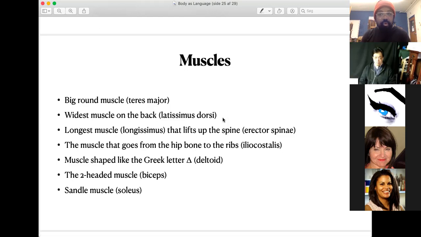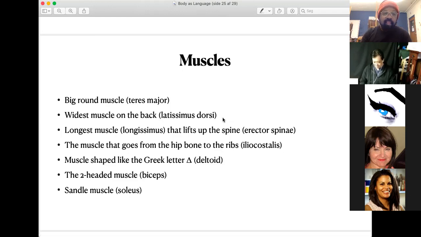Hyoid, again, looks like the Greek letter. What's another one? Rhomboid looks like a rhombus. Trapezoid looks like a trapezoid, like a table, really. Are there any more oids?